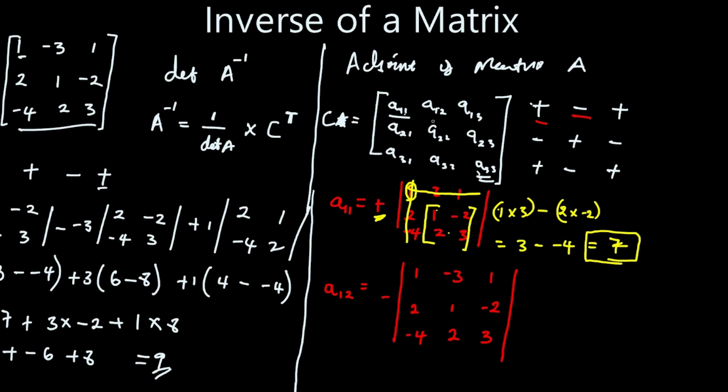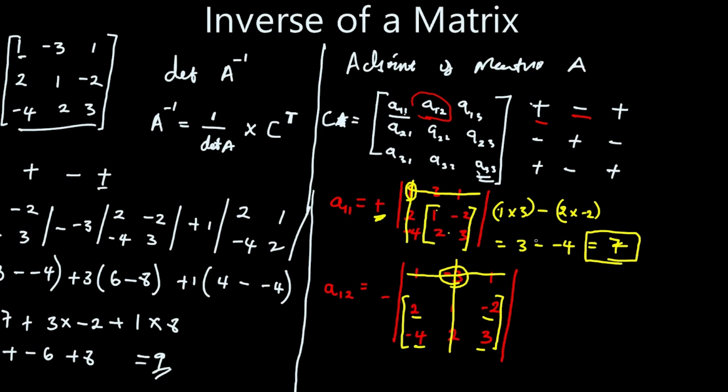Now, because we are dealing with the element in A12, we are going to close the row and the column that has the element A12, which is minus 3. So we close this row and this column. We remain with a smaller matrix here, which is 2, minus 2, 4, and 3. And we calculate the determinant.